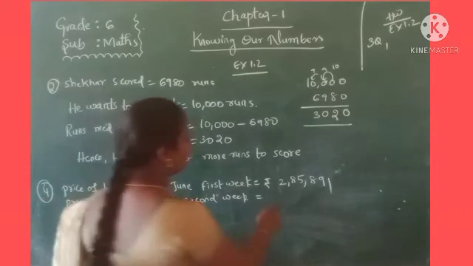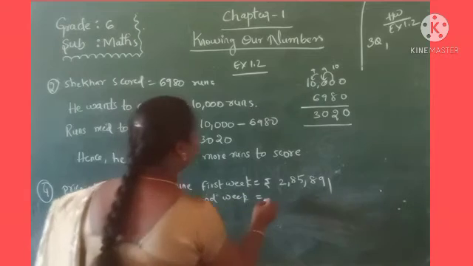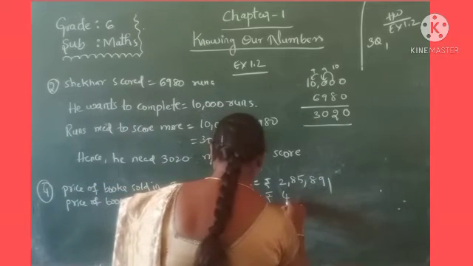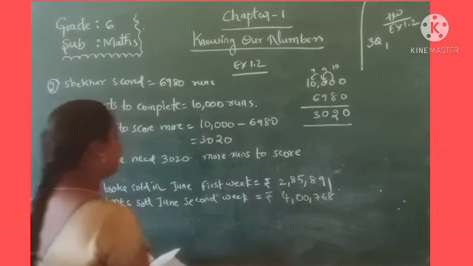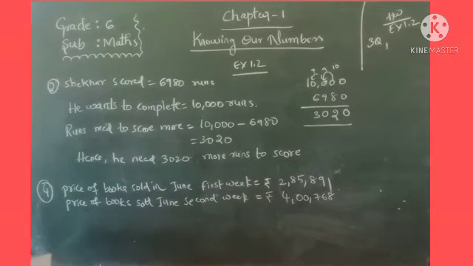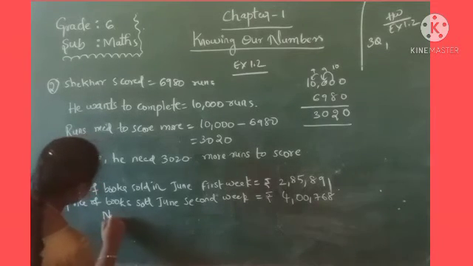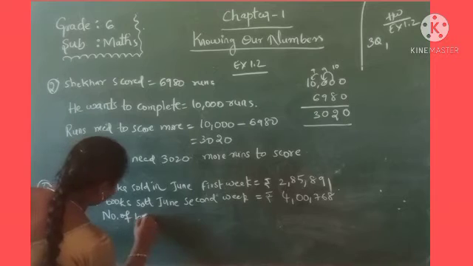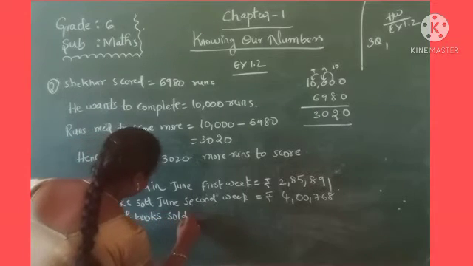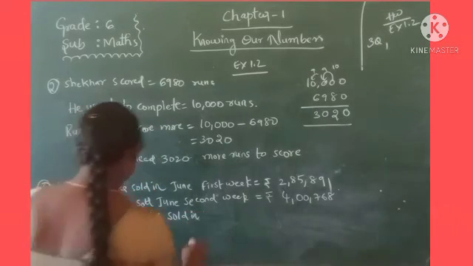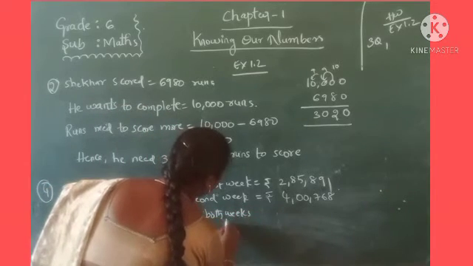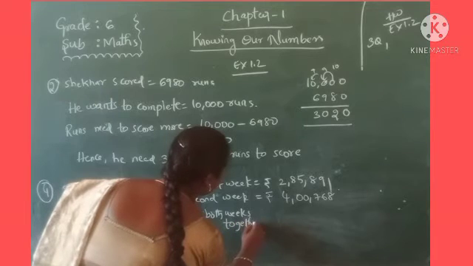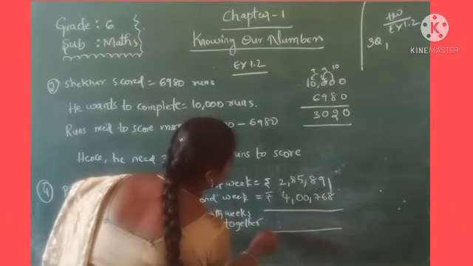In the first week she got 2,85,891 rupees, and in the second week she got 4,768. So the number of books sold in both weeks together. Together means you have to add the amounts of the 2 weeks.